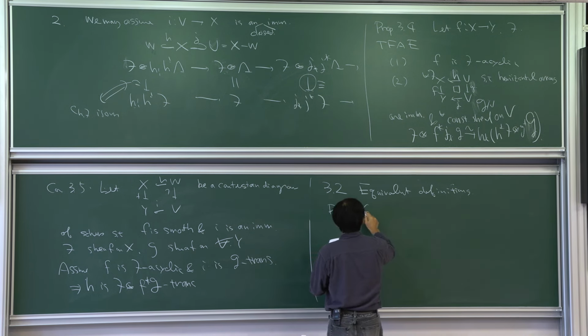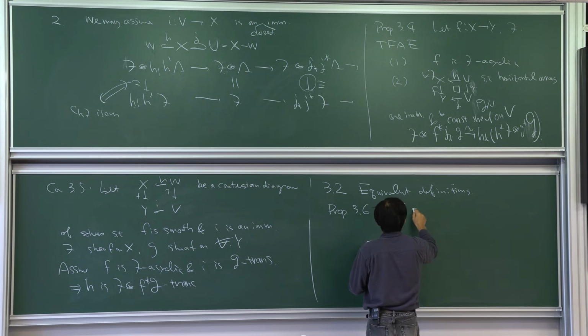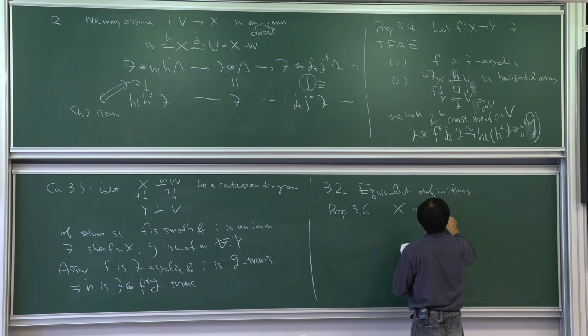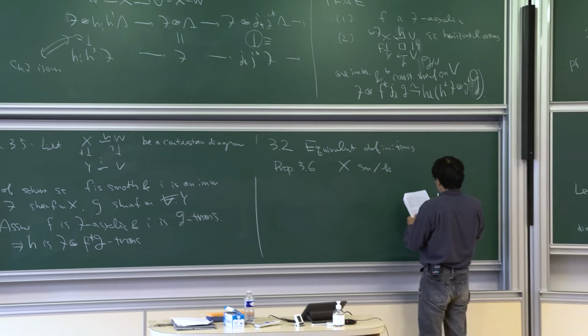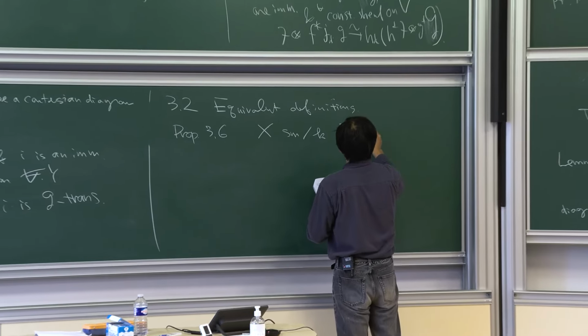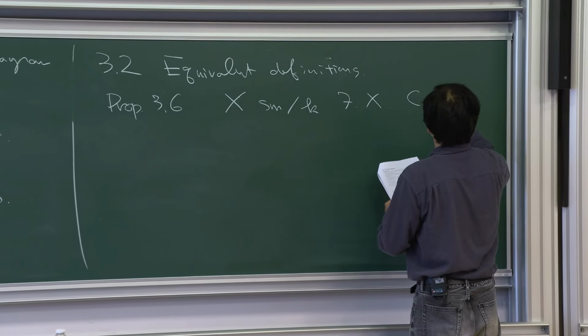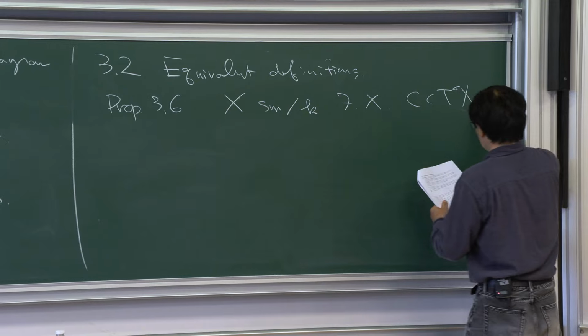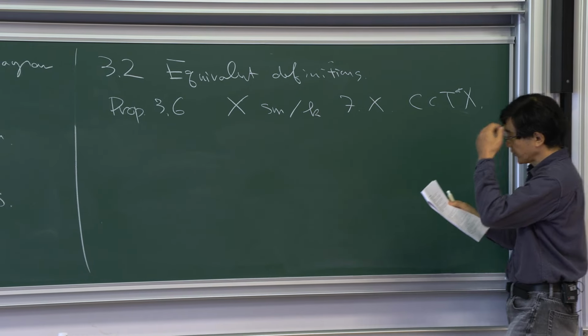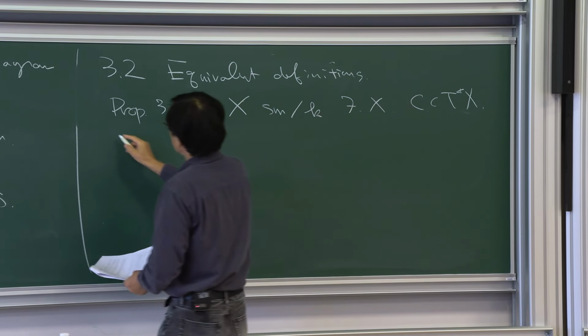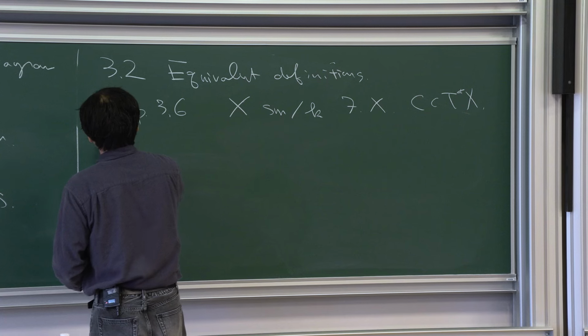So now I go back to smooth schemes over k, and F a sheaf on X and C a closed conical subset as usual. Then the following conditions are equivalent.